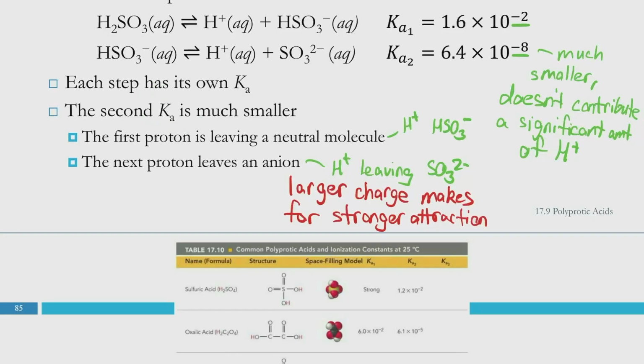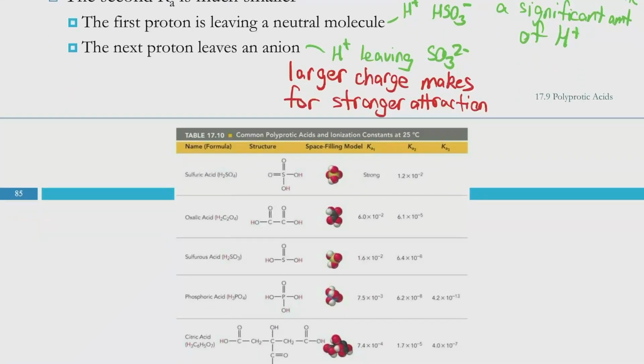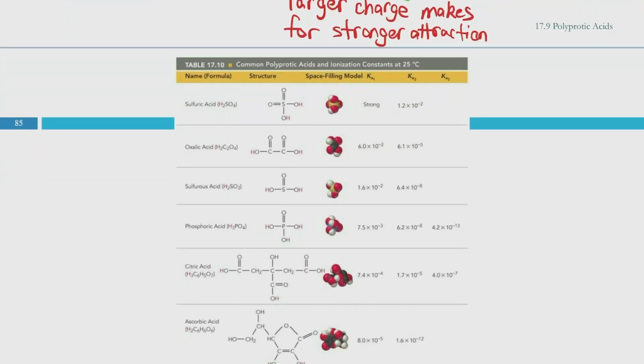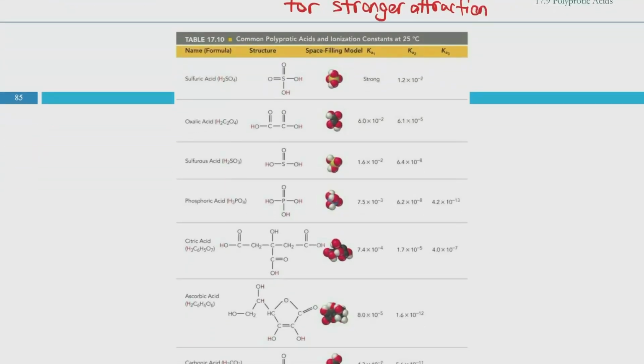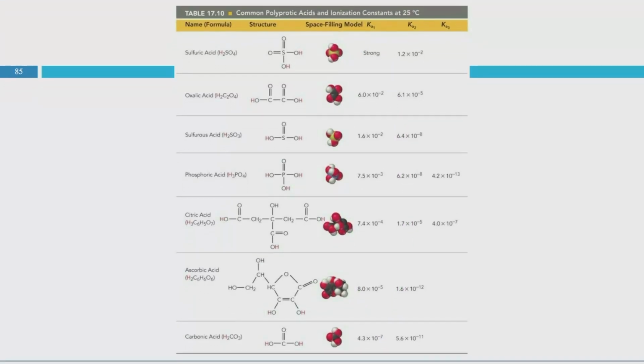We can also have triprotic acids, so we would have 3 Ka values, and we would expect that the third Ka value would be even smaller than the second Ka value. And here's a table of some polyprotic acids and their Ka values. In all of these cases, we can see our Ka1 is bigger, because it's a less negative exponent, than our second Ka.